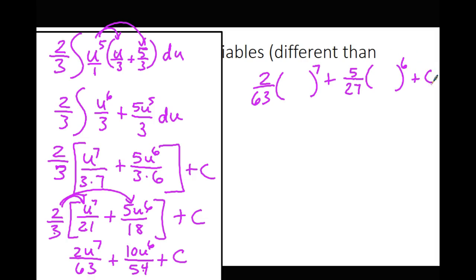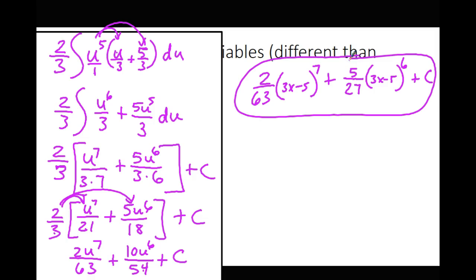Where did I get what? Oh, I just moved this piece to the side, the u to the 7th. Okay. And what is our u value again? There's a lot going on there, okay?